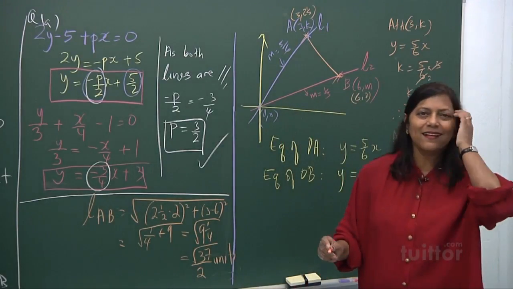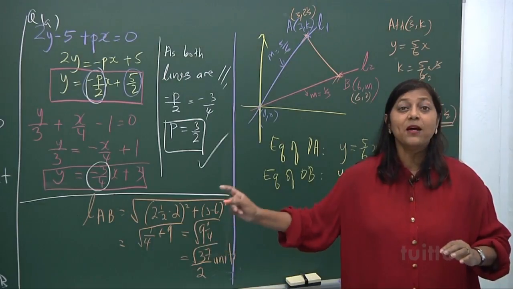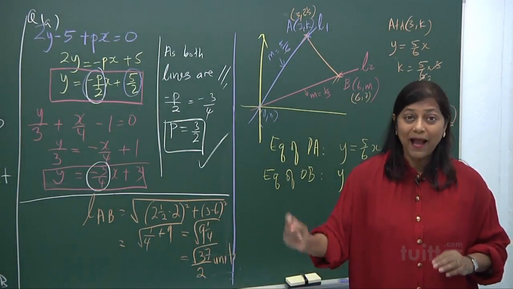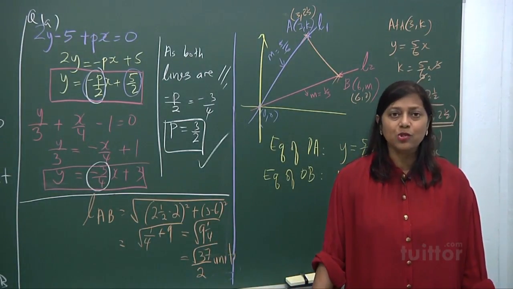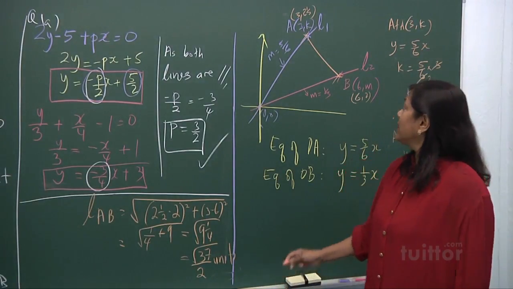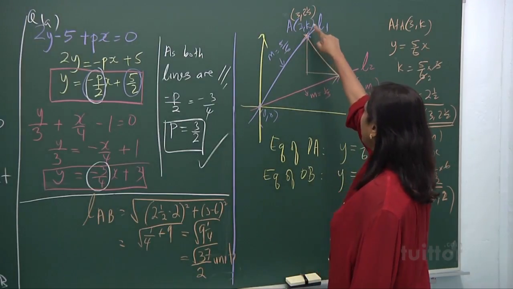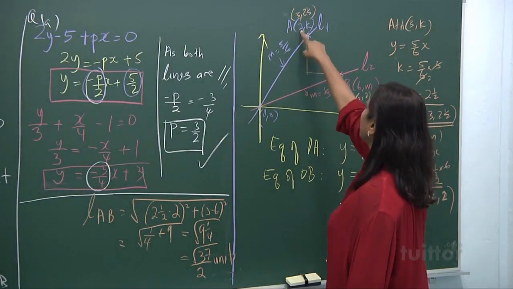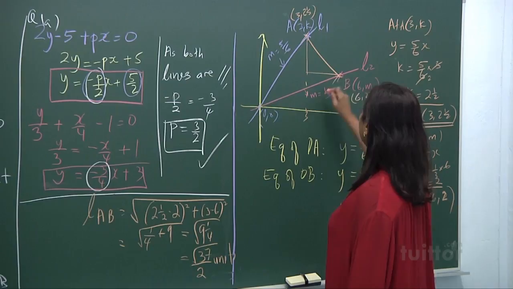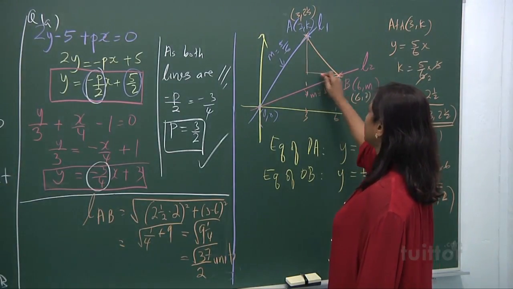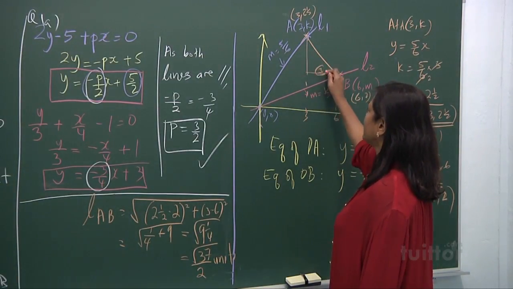Now this is, I said to you, the nerd style by formula. But you can also do it without the formula. How do we do it? We look at this: this is 3 and that's 6, so the distance between them is 3 units.